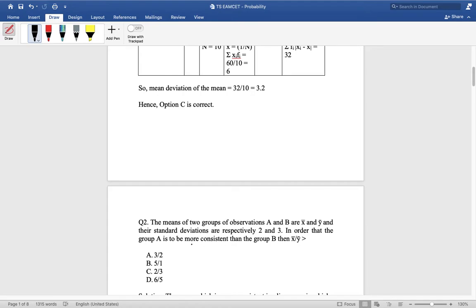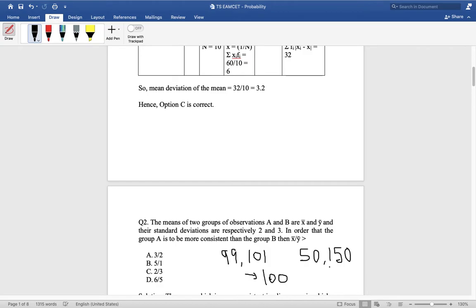Let us take an example of what a more consistent data set is. Suppose data set A has just two data points, 99 and 101, and data set B has 50 and 150. The mean of the first is 99 plus 101 divided by 2, which is 100.